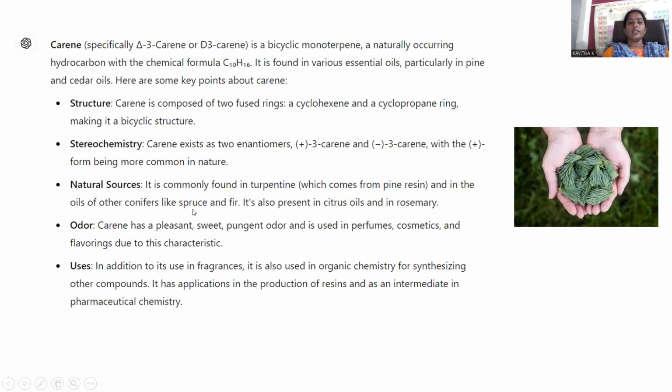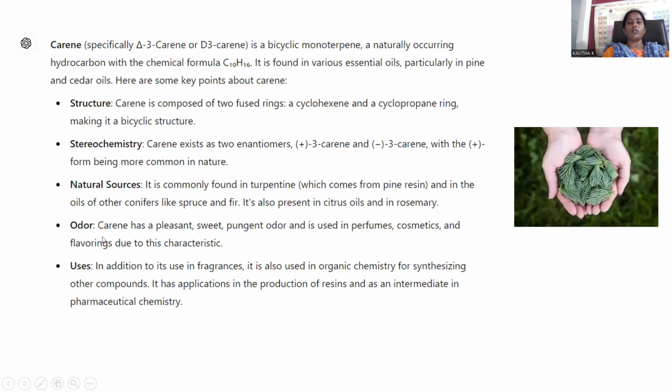All these are sources to extract this carene. It's also present in citrus oil and rosemary. From citrus oils we can also extract carenes, and rosemary oil is also composed of carene. This is the natural source for carene.